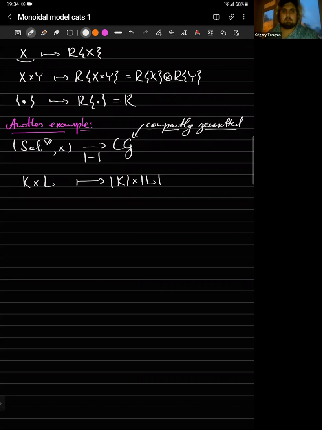Now, since we've defined monoidal functors, we want to define monoidal natural transformations between such functors. So let me give another definition.